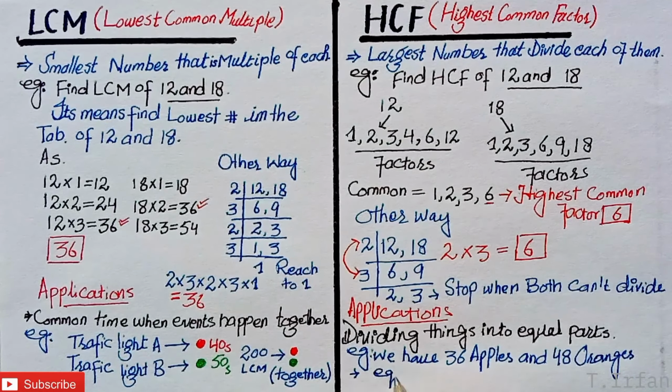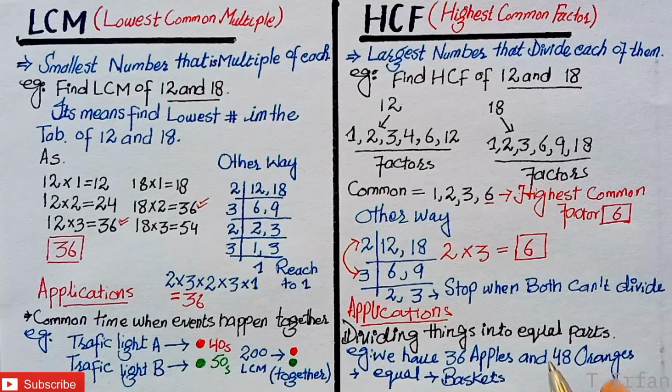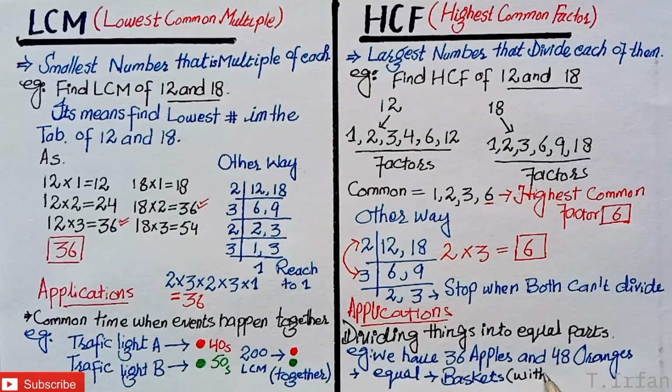To equally divide the 36 apples and 48 oranges, we have to find the HCF. Here the HCF of 36 and 48 is 12.